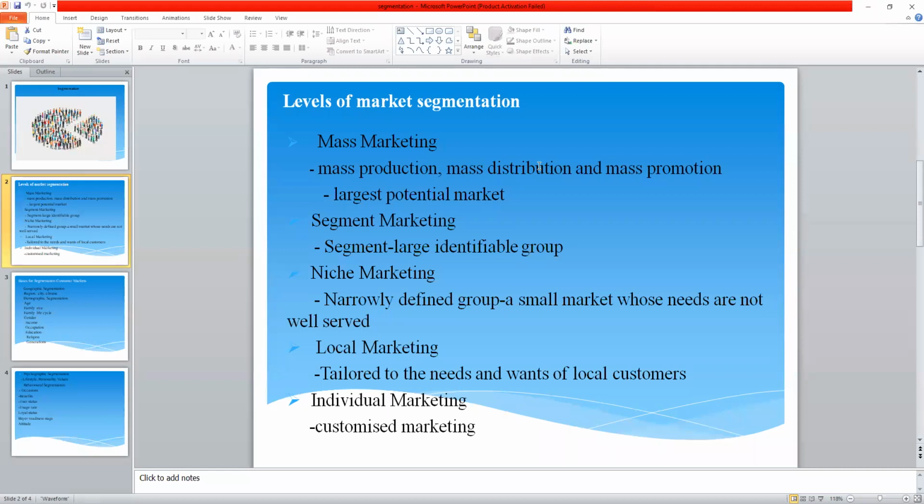So for the overall masses, they have a single product, but when it comes to individualization, they try to mold the offering according to the needs of the individuals. If there is a financial company and the customer wants to avail a loan, here the company thinks of going for customization.